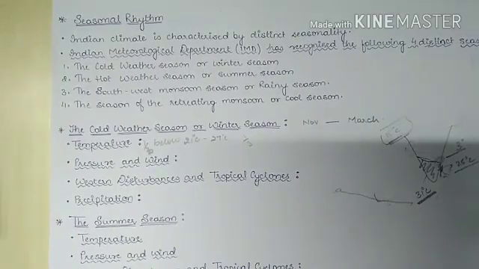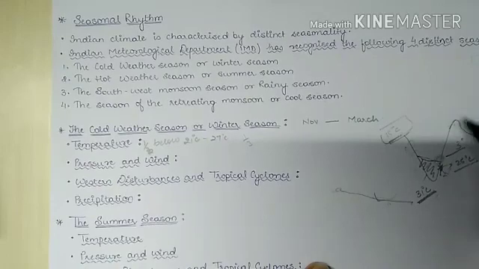Okay, so they do not cause much rainfall, but the wind picks up some moisture from the Bay of Bengal, if the wind is coming from this side, and it will cause some winter rainfall in Tamil Nadu, south of Andhra Pradesh, southeast Karnataka and southeast Kerala. Okay, and the highest seasonal rainfall is about 75 centimeters.